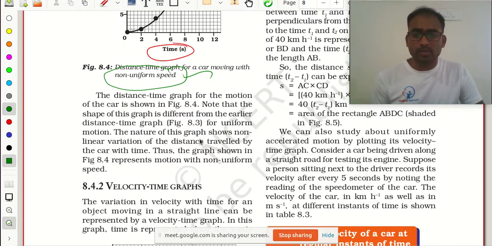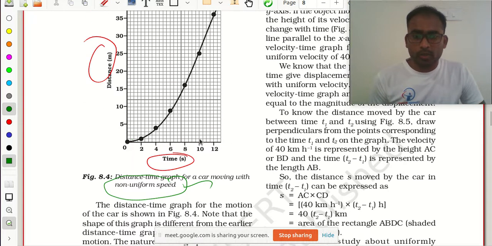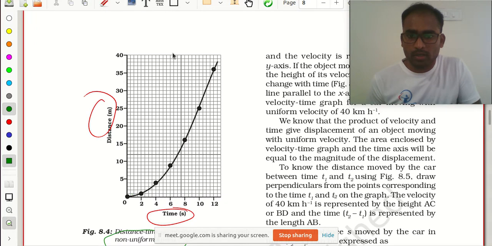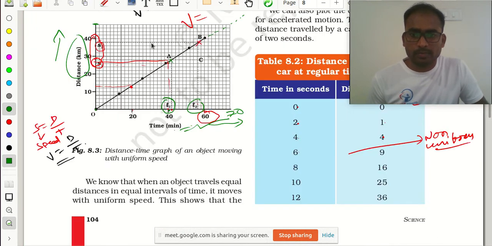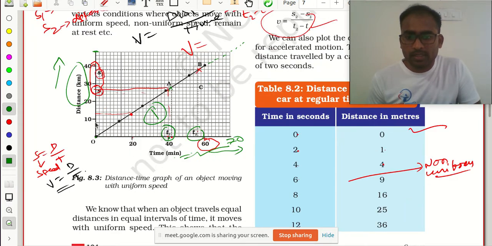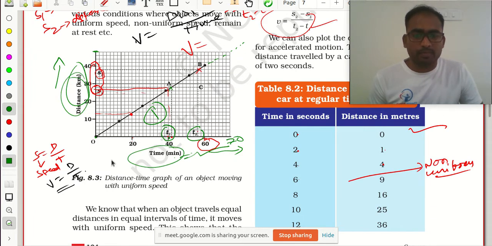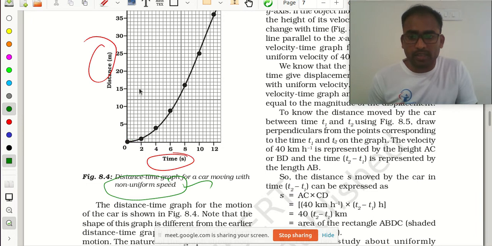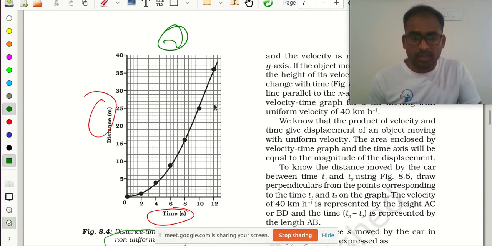Now you observed two graphs here. This is our second graph and this is our first graph. This graph shows a linear relation between distance and time. And this is a non-linear graph, because we have a non-linear relation between distance and time.